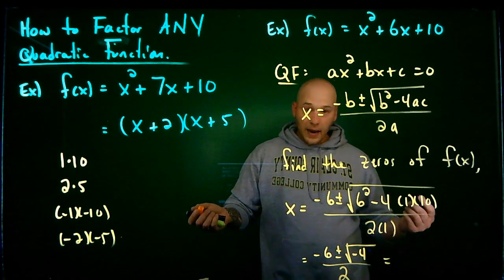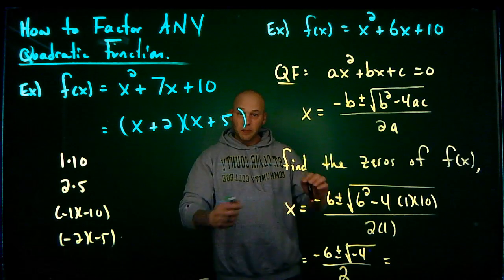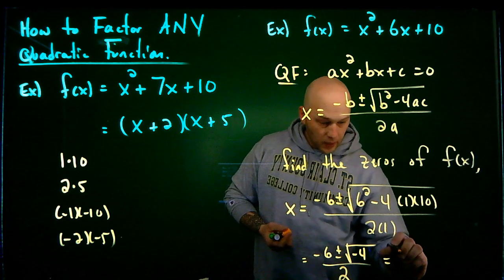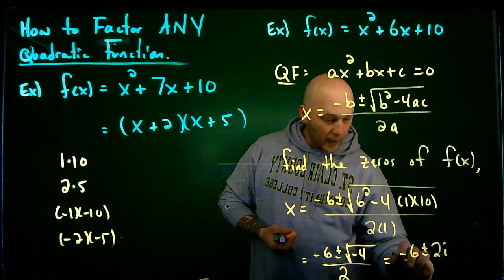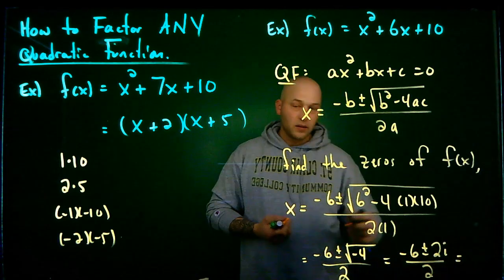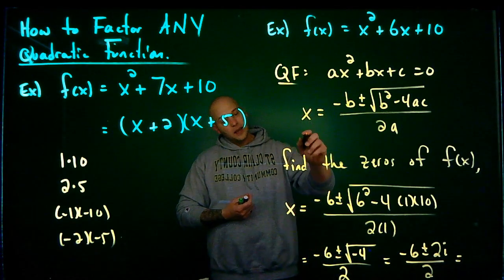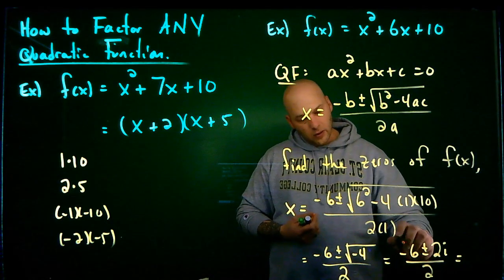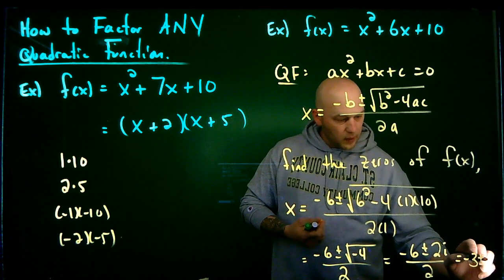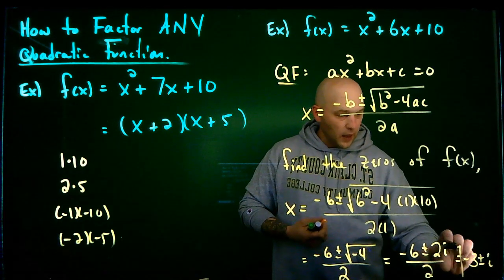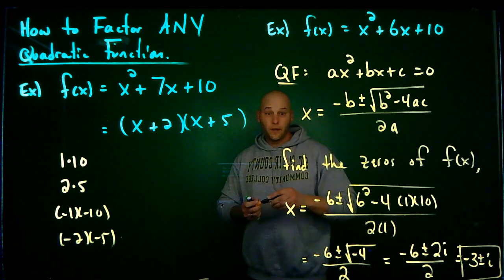And as long as you know about complex numbers, that actually makes sense. This gives me negative 6 plus or minus 2i over 2, where i is the square root of negative 1. Then I can simplify by canceling a factor of 2, and I get negative 3 plus or minus i as the zeros of that function.